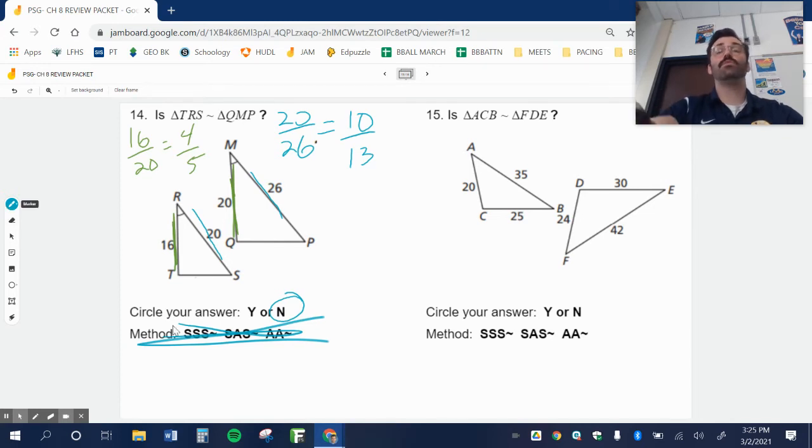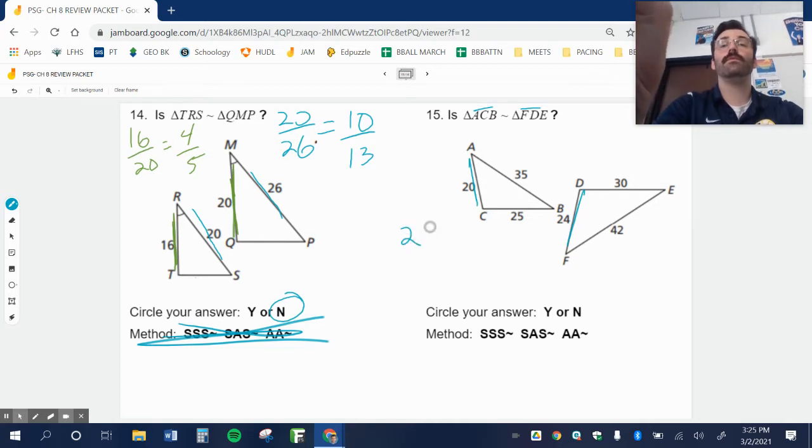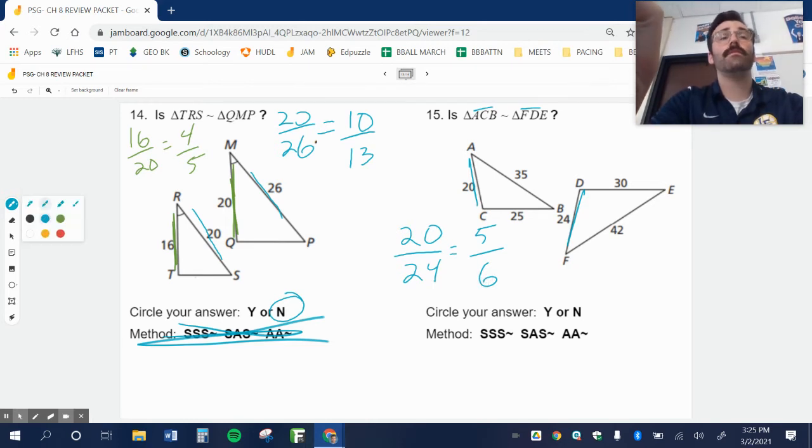All right, last one. Here's when order matters, because one triangle is rotated. AC corresponds with FD. So I have 20 over 24, which I can reduce to 5 over 6. I also know that A to B corresponds with FE.